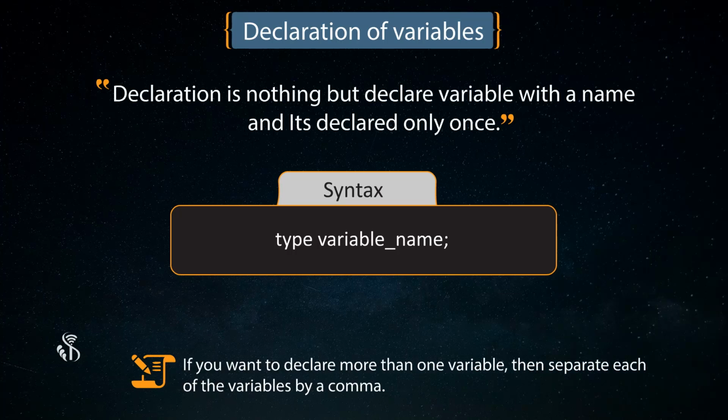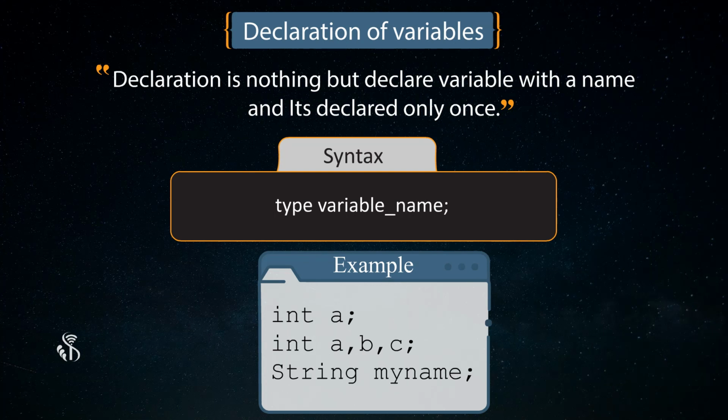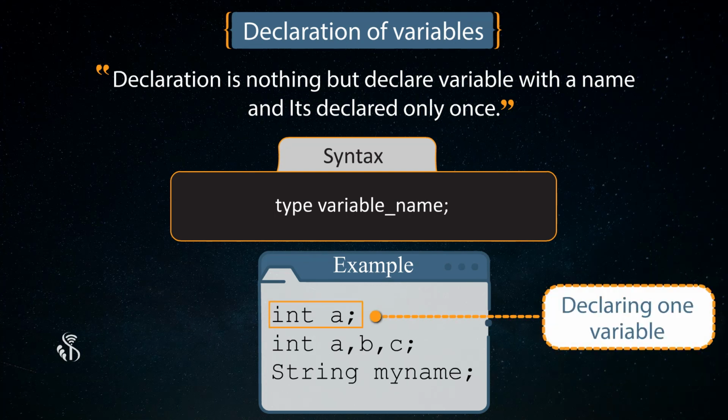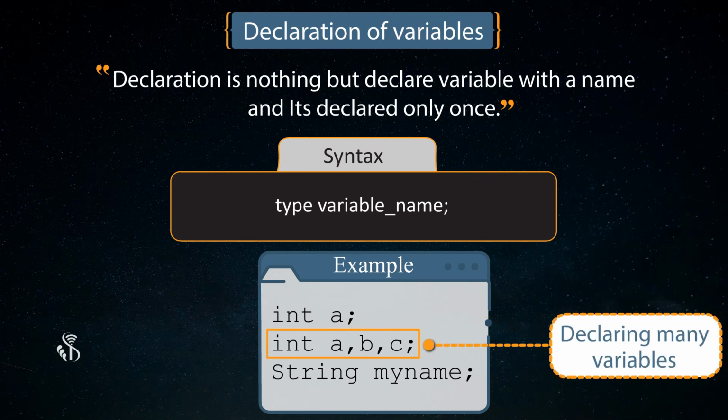Note: if you want to declare more than one variable, then separate each of the variables by a comma. Example: int a; int a, b, c; String myName;. Declaring one variable, declaring many variables.